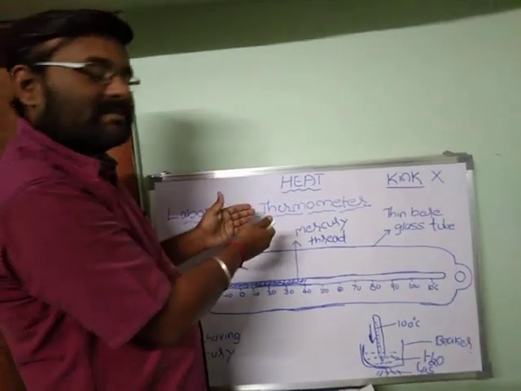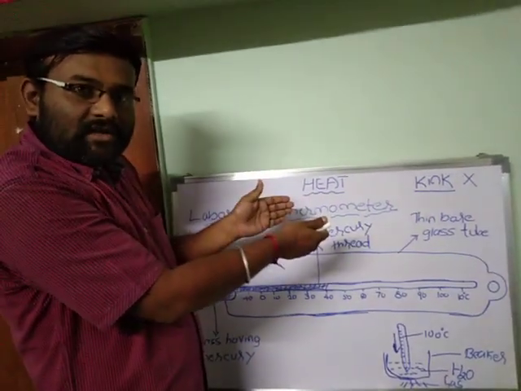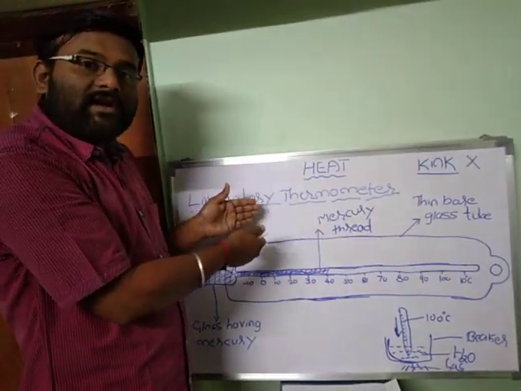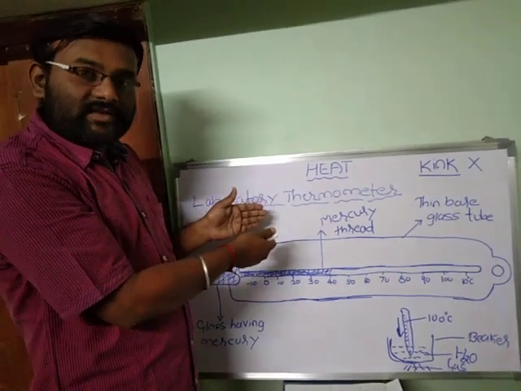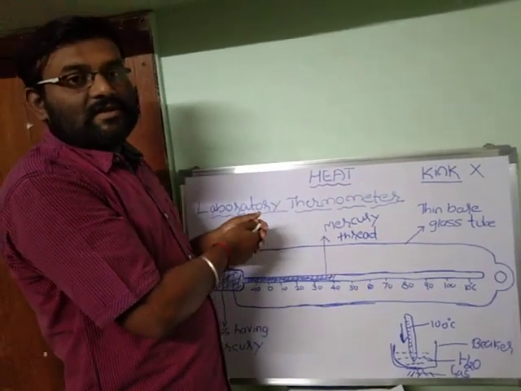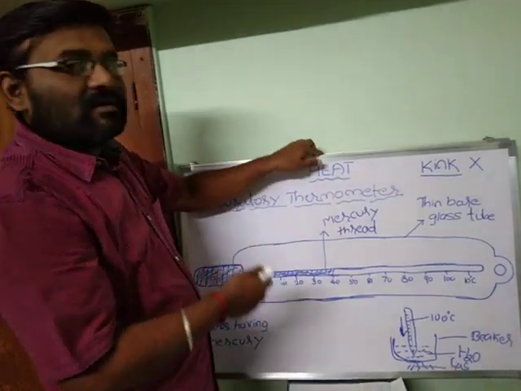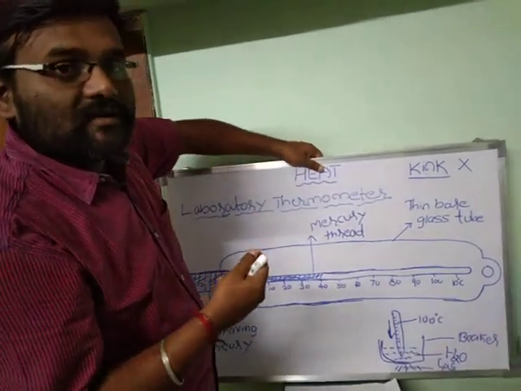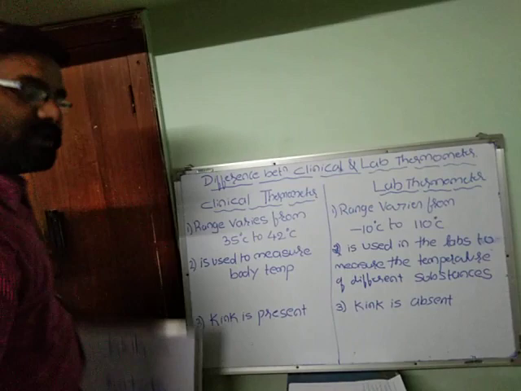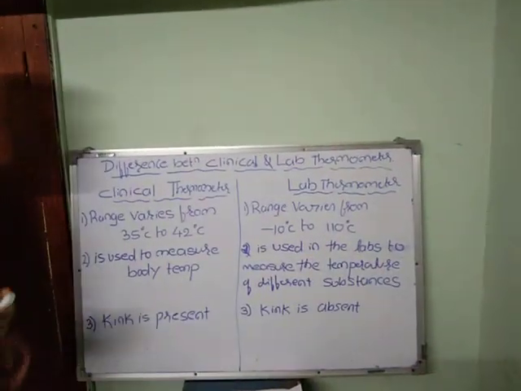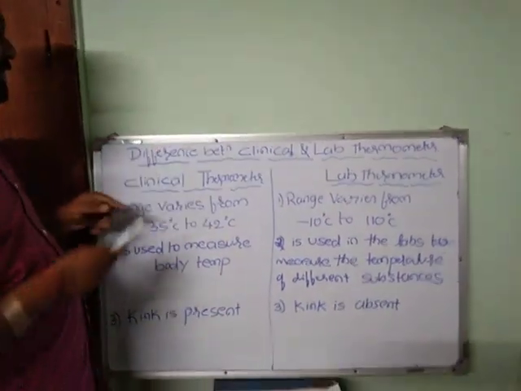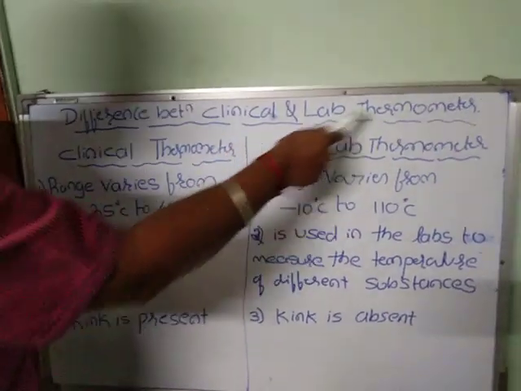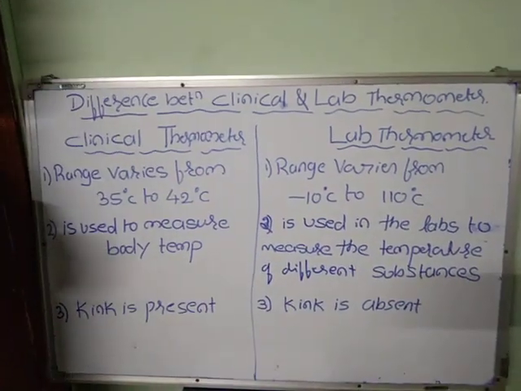What makes a laboratory thermometer different from clinical thermometer? In the textbook it is not given so precisely, so I will tell you the differences between laboratory thermometer and clinical thermometer. See, here I have written difference between clinical and laboratory thermometer.